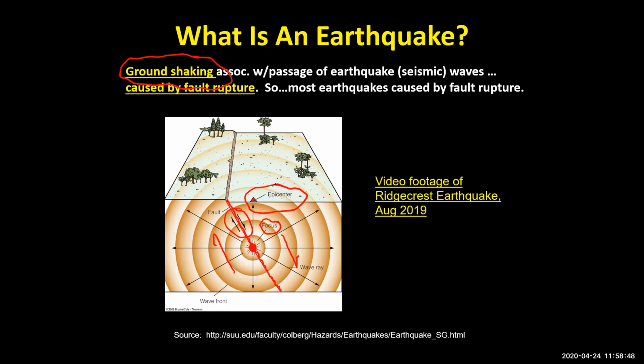If we're looking at the actual location in Earth's interior of the earthquake in cross-section, then we use the focus. Okay, so ultimately, almost all earthquakes are produced by fault rupture. And at your leisure, if you'd like to, you can look at some very interesting video footage of the Ridgecrest earthquake that happened last August.